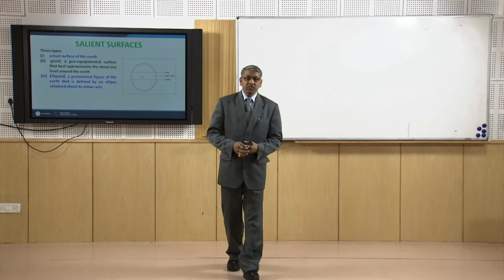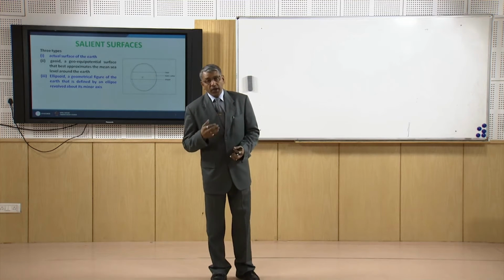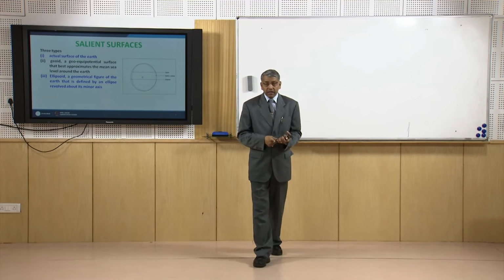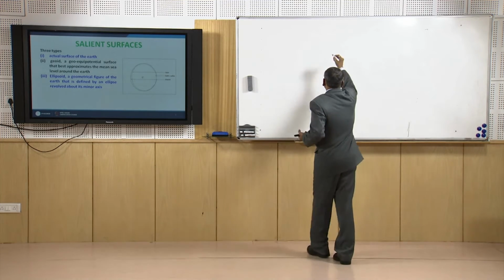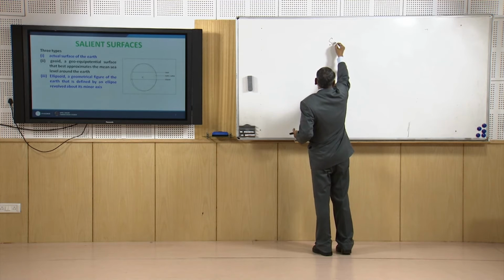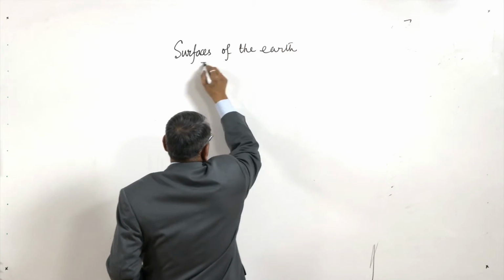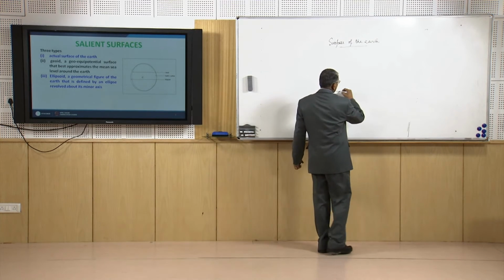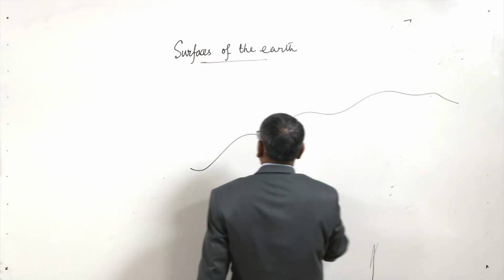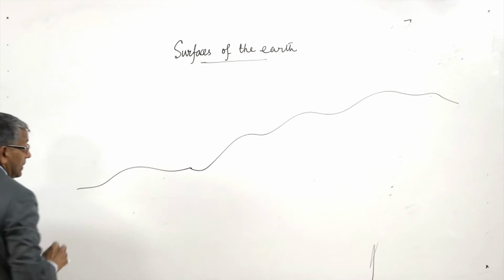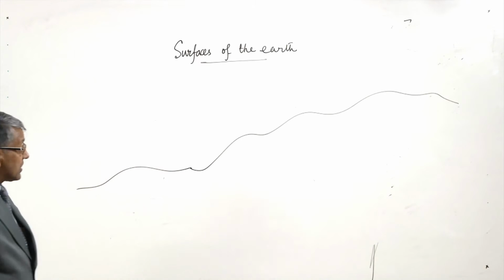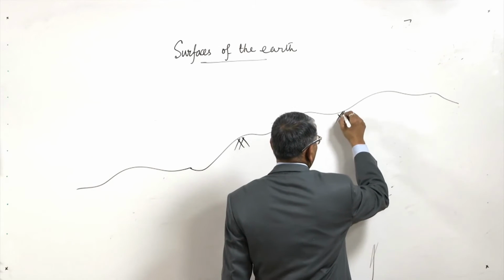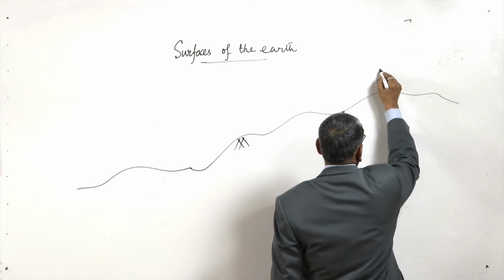To understand GPS positioning better, we need to know some fundamental things like the surfaces of the earth. Fundamentally, the surface of the earth means the surface on which we people are living, that is the actual surface of the earth.